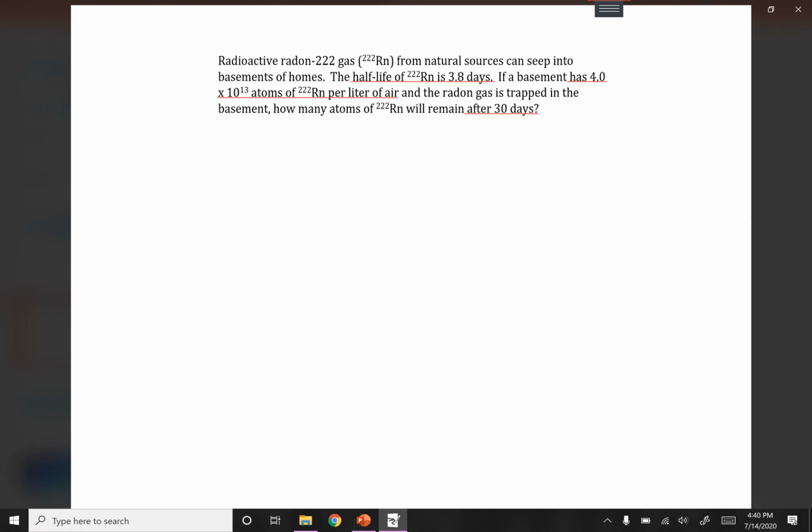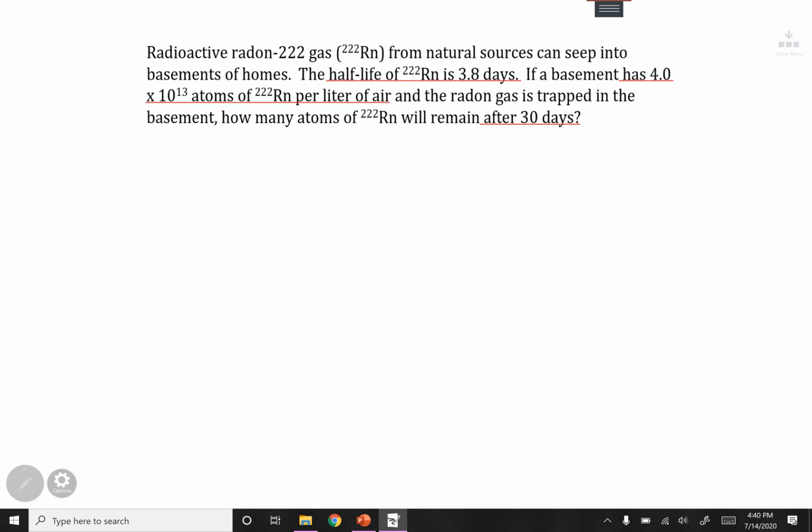This one might be a little bit tricky. And to be honest, it's probably a little harder than a problem I would give you. But it's good to just know how to do this in case you ever need to, for some reason, calculate this. So let's start out with what we know. They told us our t1/2 is equal to 3.8 days.